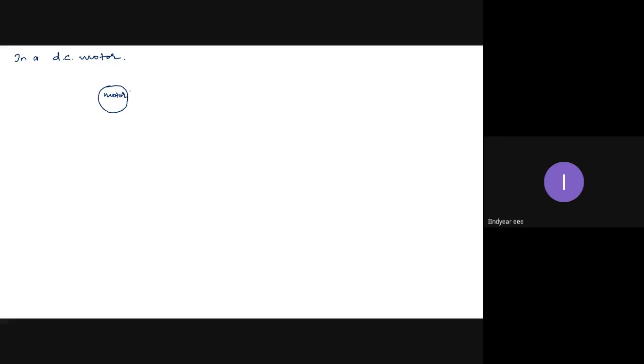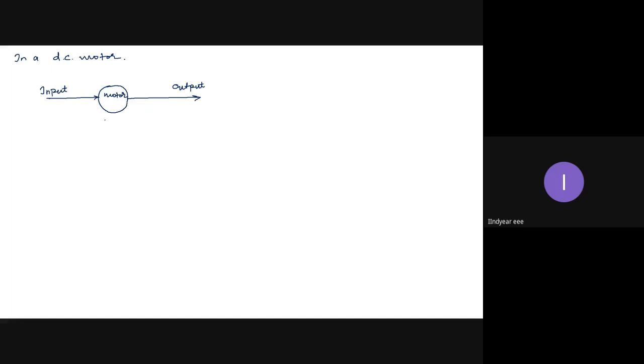Not only in a DC motor, in all motors, these are the three types. So I am giving some input and getting some output. Input is electrical, output is mechanical.